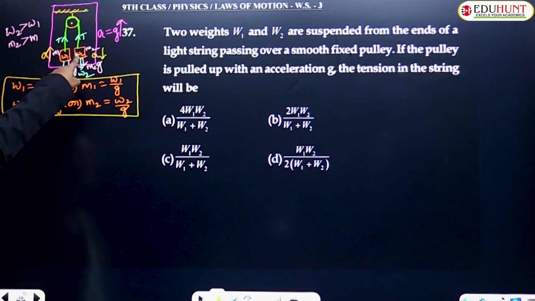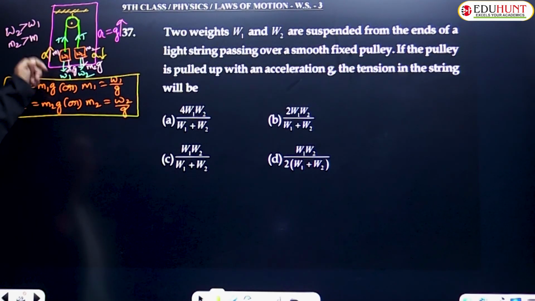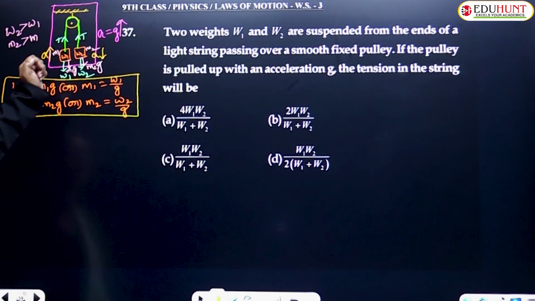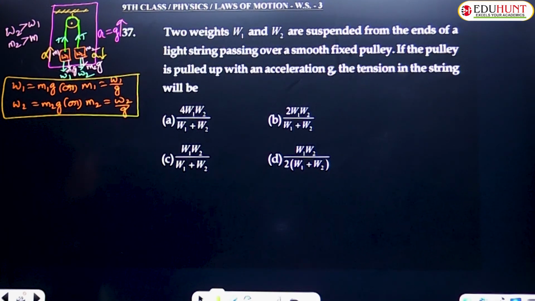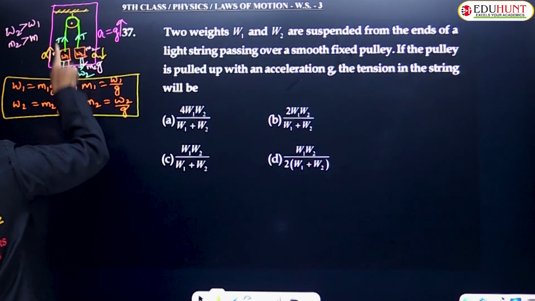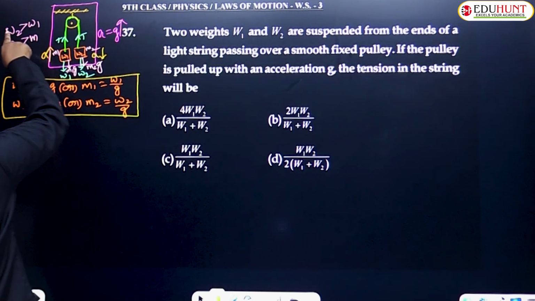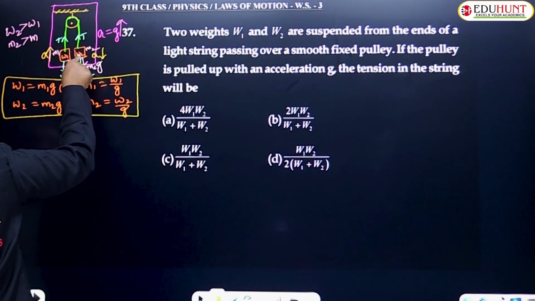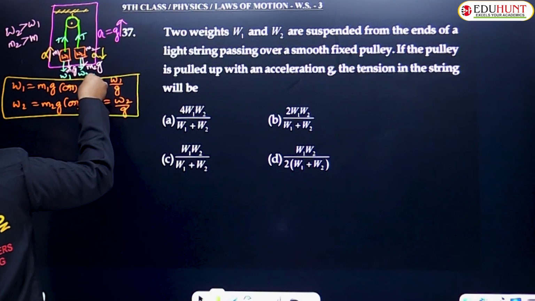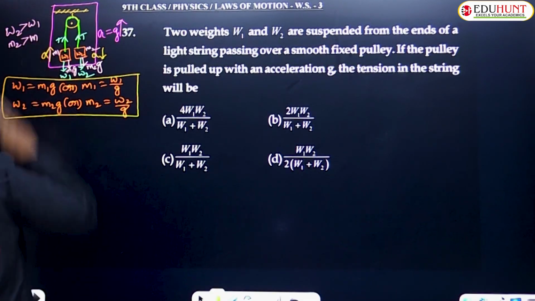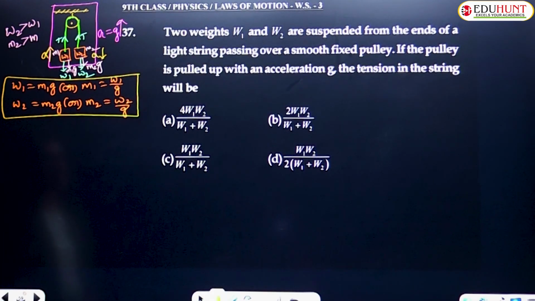This is W1, this is W2. This is mass m1, this is mass m2. Weight is acting downwards, m1g is also acting downwards. W2 acting downwards, m2g also acting downwards. Tension upwards, tension upwards. As we have assumed that W2 is greater than W1, this system must be accelerating downwards and the lighter weight must be accelerating upwards.